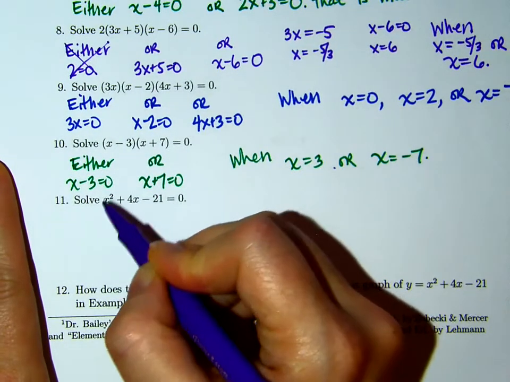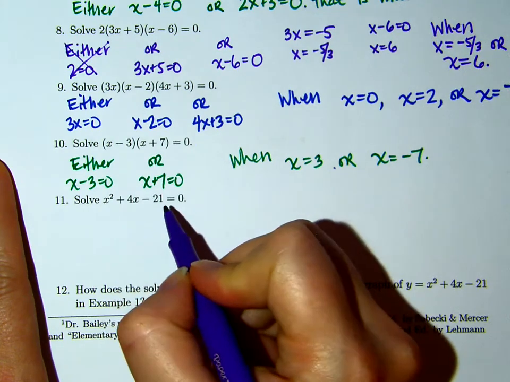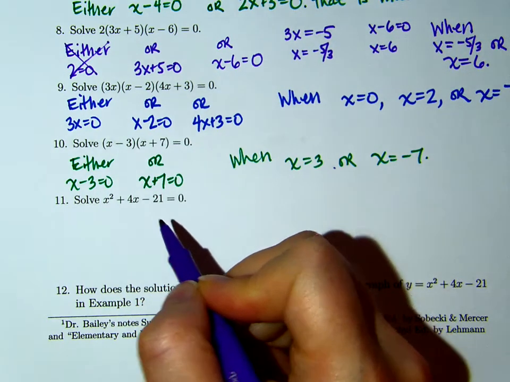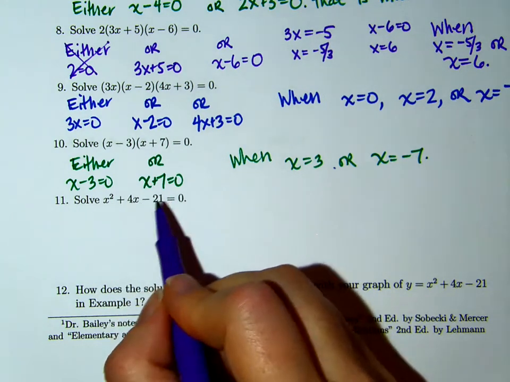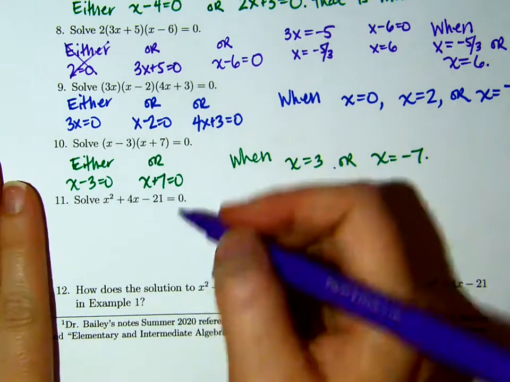But even if this term is 0 and that term is 0, then this still won't work out because 0 plus 0 minus 21 is not 0. So I could start guessing and checking to try to make this plus this equal to 21. Or I could think about it in these factored forms.